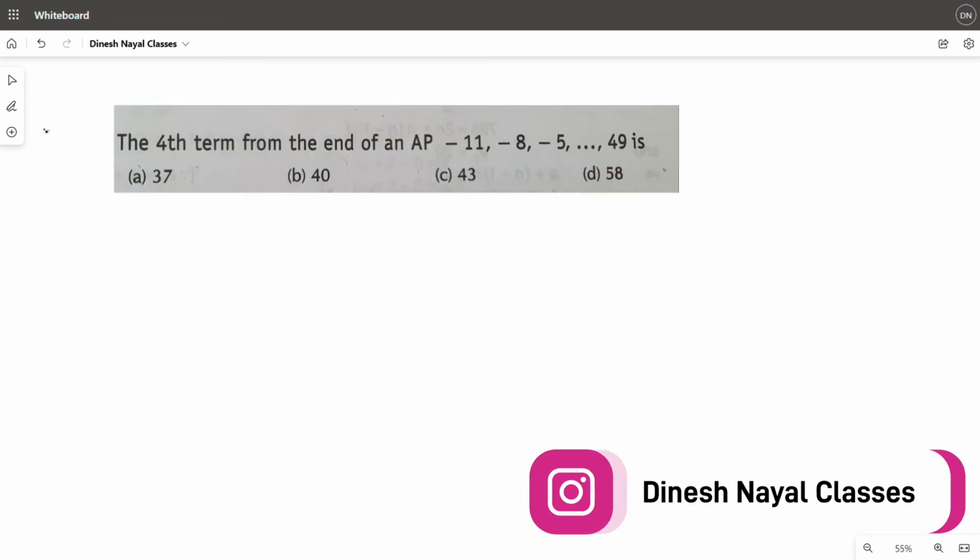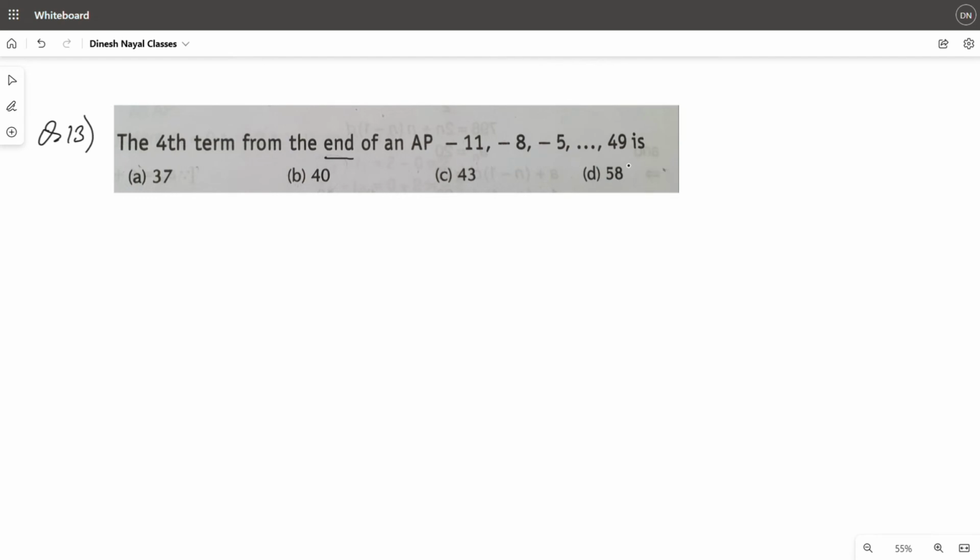Question 13. The fourth term from the end of an AP, the given AP is minus 11, minus 8, minus 5, and so on up to 49, is. So basically you have to find the fourth term from the end.